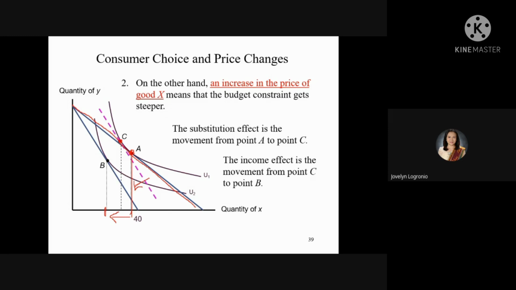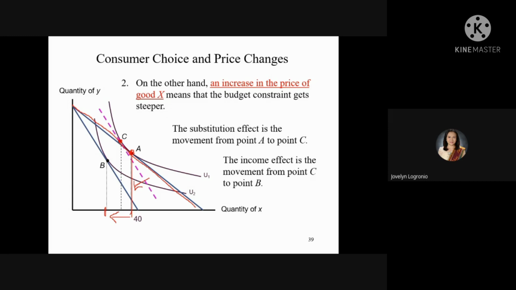C to B is the income effect. Yun, if we want to identify or decompose the substitution and income effect. So again, the total effect is from point A to point B. So all in all, ano yung effect niya? Its quantity also declines.